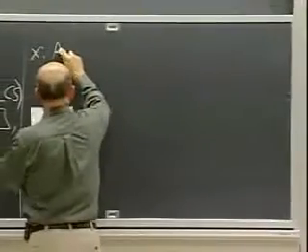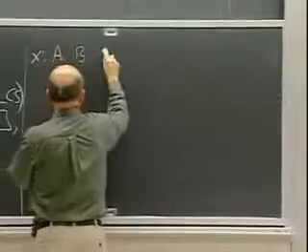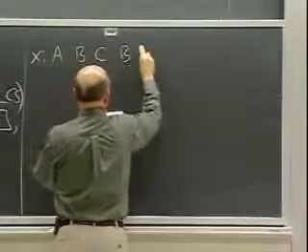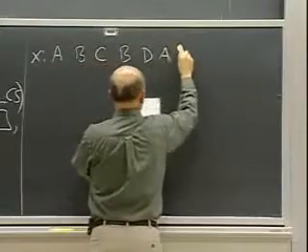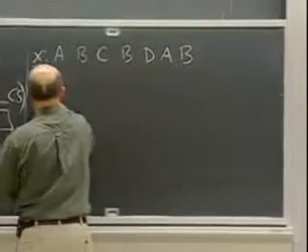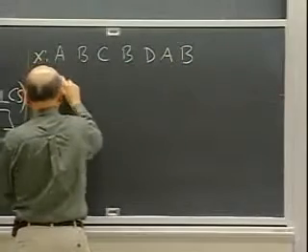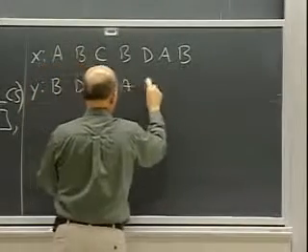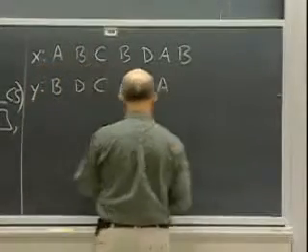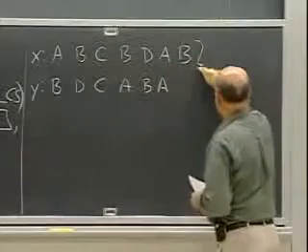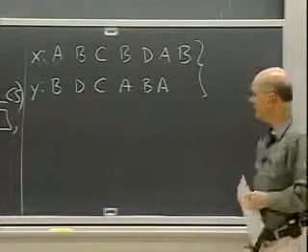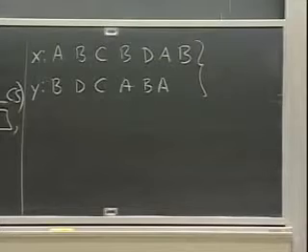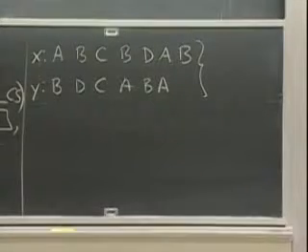So here's an example. Suppose X is this sequence. And Y is this sequence. So what is a longest common subsequence of those two sequences? See if you can just eyeball it.